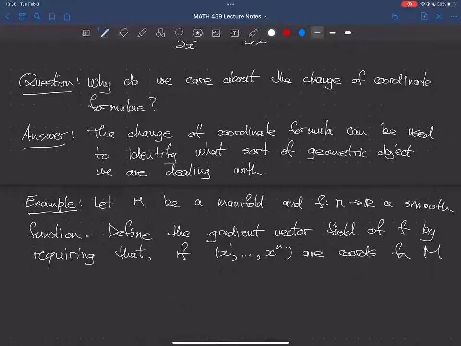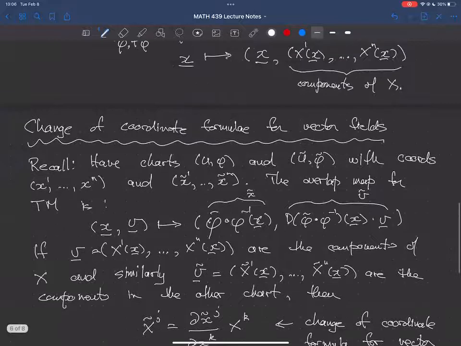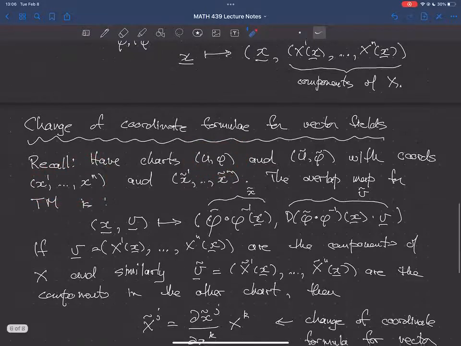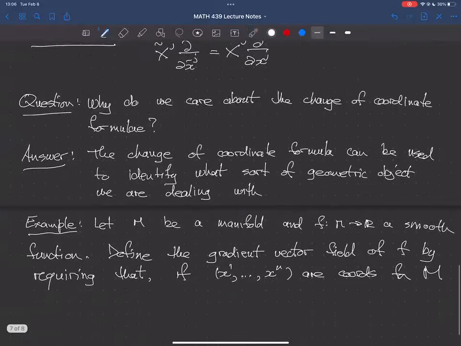Prior to this point, I've been careful about saying, whenever I introduce coordinates, that I have a chart which has coordinates. Very often you just skip over the specific U, phi and just say I have coordinates. What this really means is short form for: I have a chart U, phi with coordinates that I'm going to call x1 up to xn.